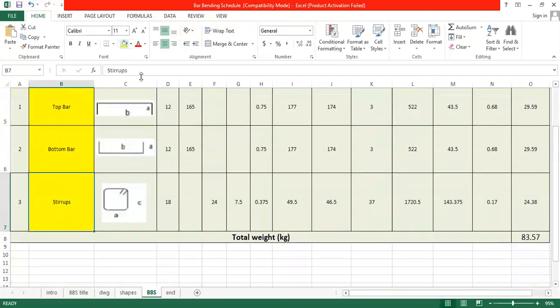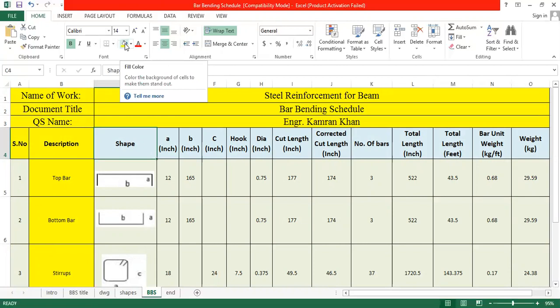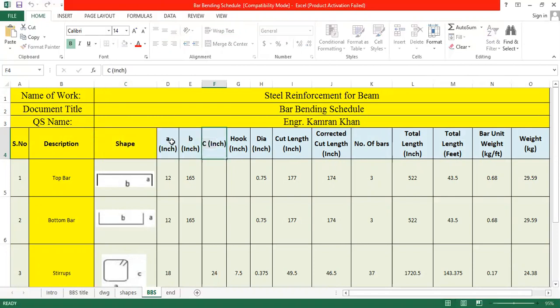Now this column will include the different shapes that will be used in order to make the bar bending schedule. Then A, B, and C will be the different segmental lengths. Like this portion is B, and this vertical portion is A.